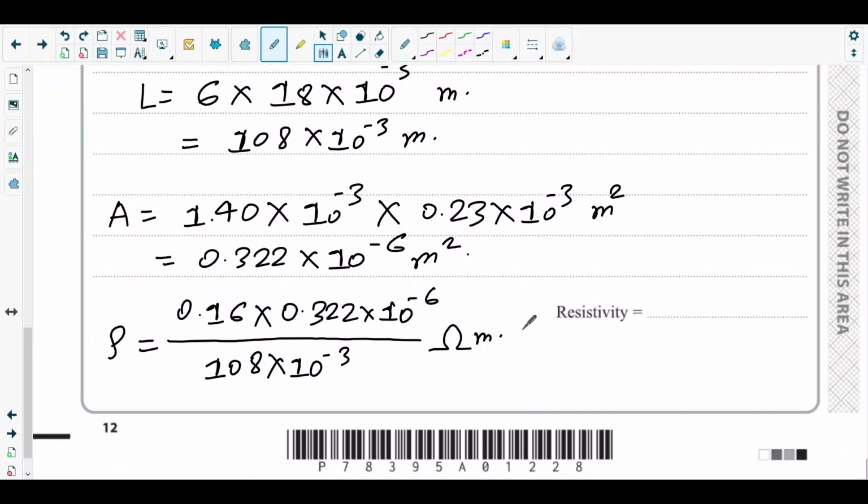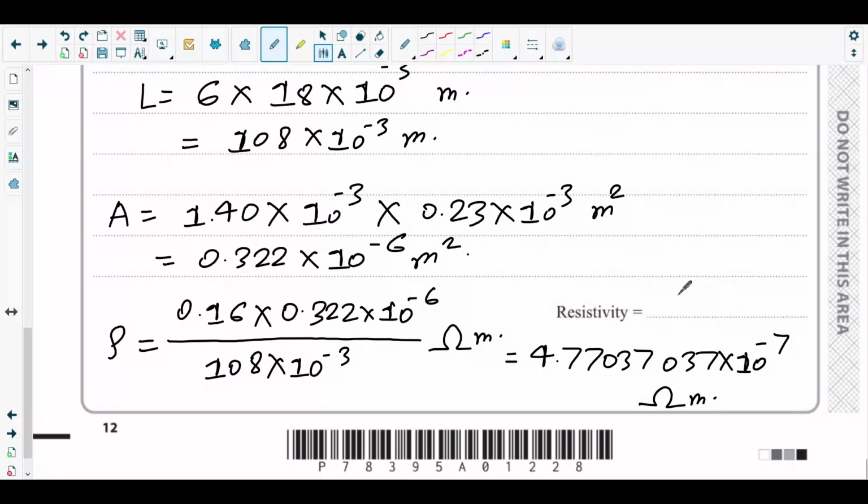So what would be the resistivity here? 0.16 times 0.322 times 10 to the power minus 6, divided by 108 times 10 to the power minus 3, gives 4.77037 times 10 to the power minus 7 ohm meter.